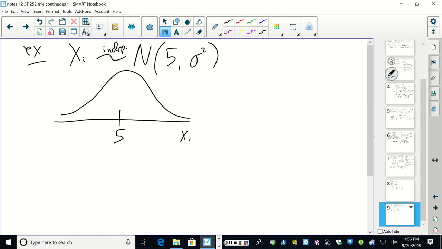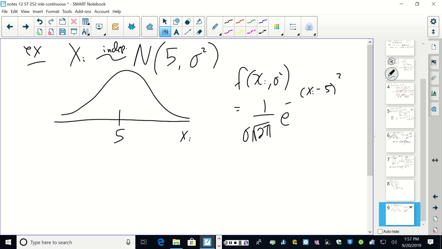How much plastic gets in there, how much gets molded and cut off exactly. So it's 5 plus or minus. And how much is it? Well, you might be willing to keep it as 5 if you believe the engineering, but we might want to estimate that. Right? So now the density for Xi, we could write a sigma squared here, or sigma. Right? And there's 1 over sigma square root of 2 pi, e to the negative, and up here is xi minus 5 squared, over 2 sigma squared.